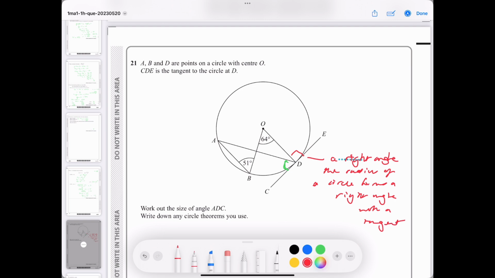We also know that BAD is going to be half of 64. It's going to be 32 because the angle at the circumference is half of the angle at the centre of a circle.